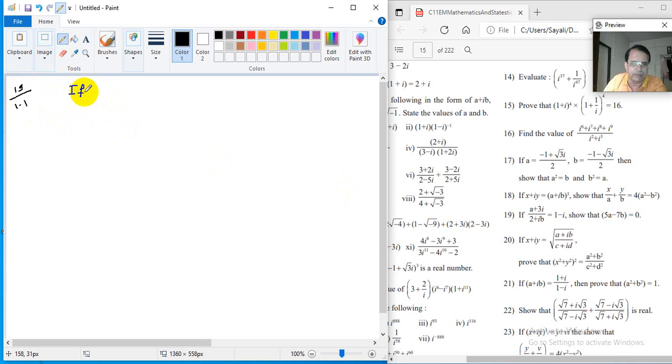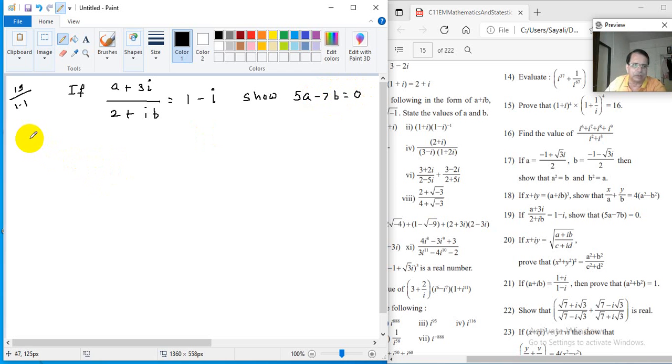If (a plus 3i) divided by (2 plus ib) is equal to 1 minus i, show that 5a minus 7b is equal to 0.